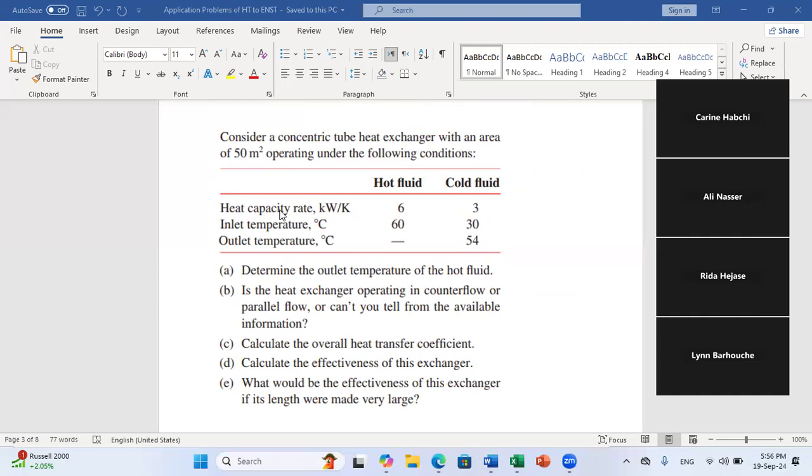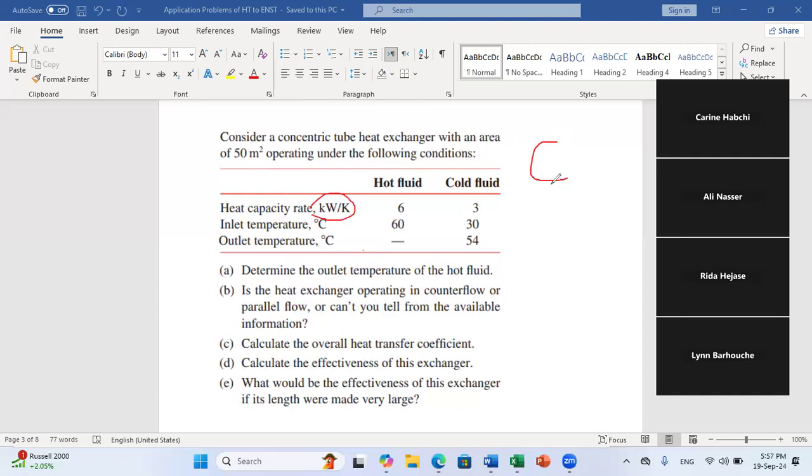We know the heat capacity of each fluid. Please pay attention to the unit. Here, when they give you the unit in kilowatt per Kelvin, this means that they gave you big C.